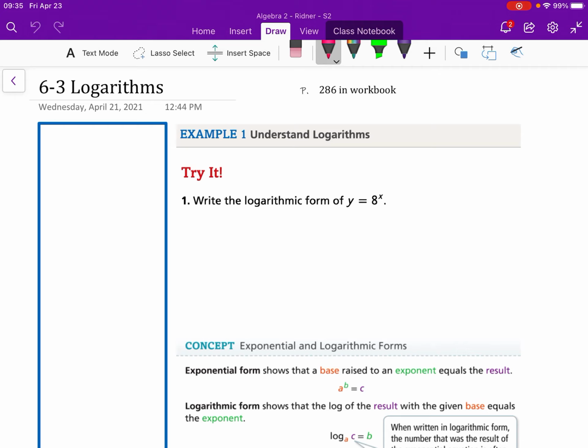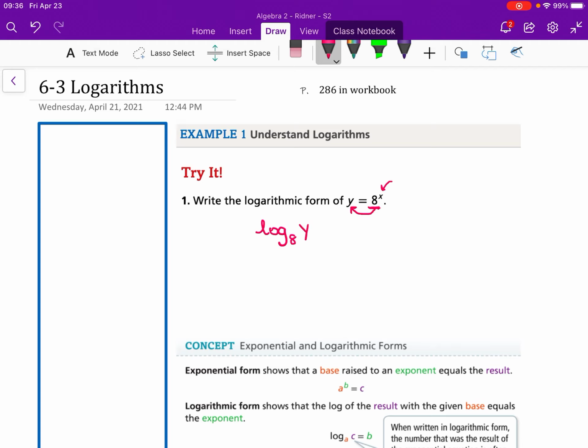So to convert to logarithmic form, like example 1 says in your workbook on page 286, you always want to start with the base of the exponent. So there's my exponent, but I actually want to start with the base. So logarithmic form means I write the word log, base 8. Anytime there's that little tiny letter there, that's base 8.